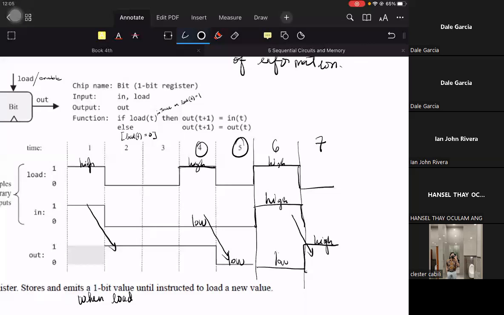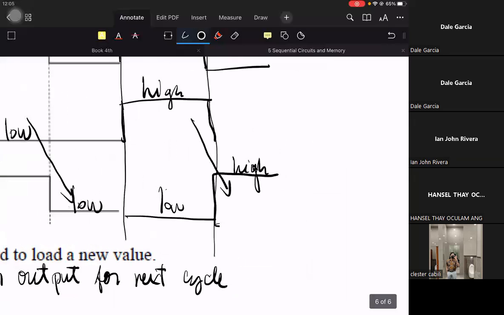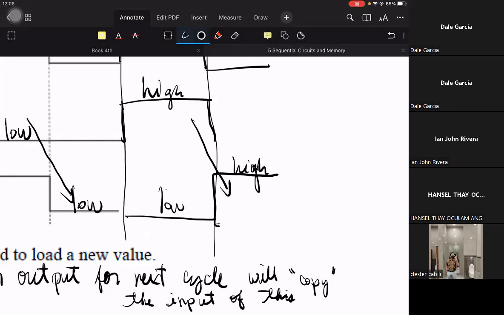When load goes high, the output for the next cycle will copy the input of this cycle.